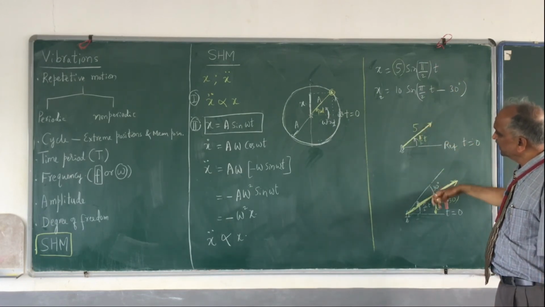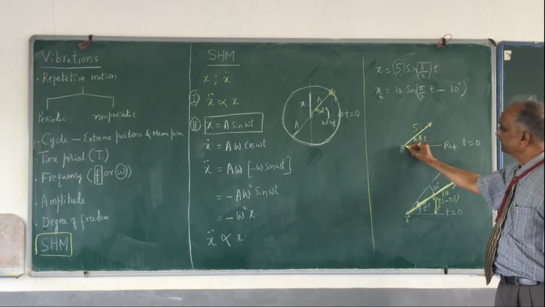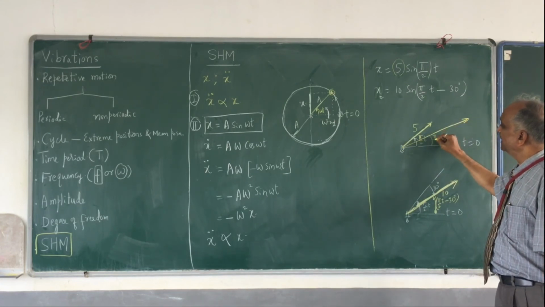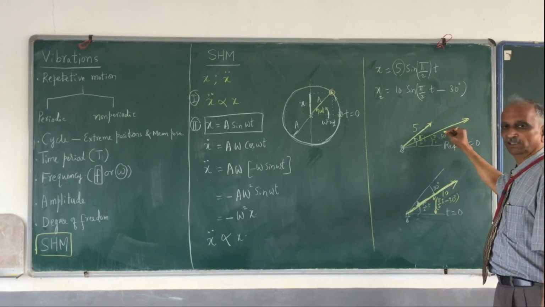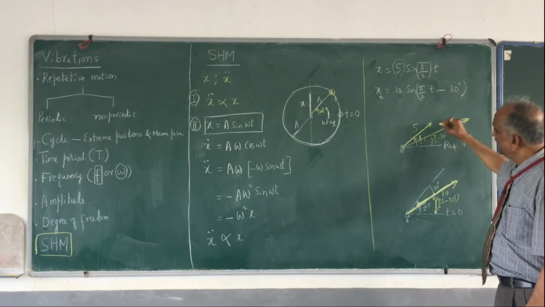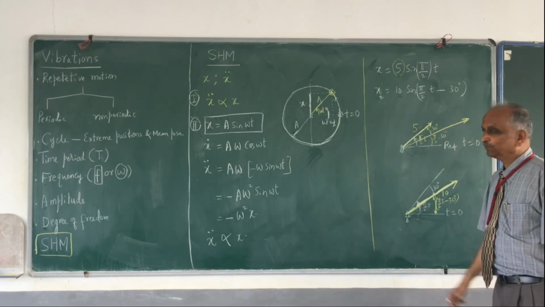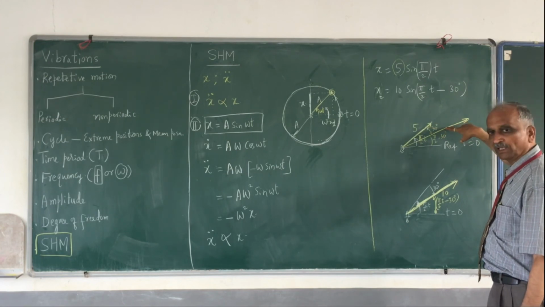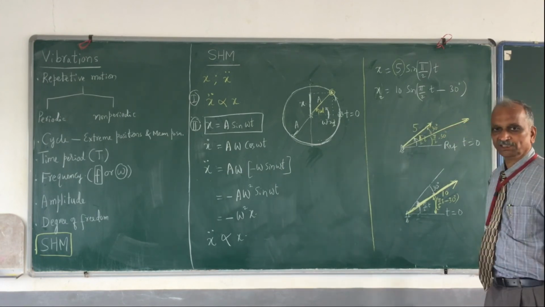If I draw both diagrams in one, this is pi by 2t minus 30 degrees, and the angle between this and this is 30 degrees. We say that this simple harmonic motion leads this simple harmonic motion by 30 degrees.